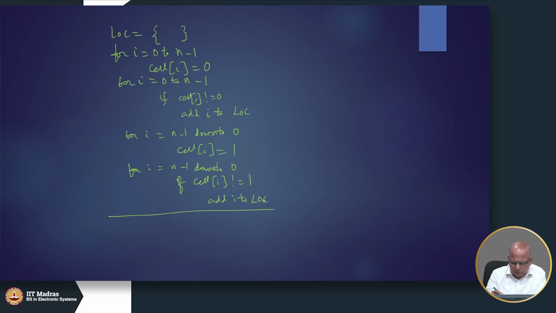So by the end of this, the location list contains the faulty cells. Okay. So those cells have some problem with them.